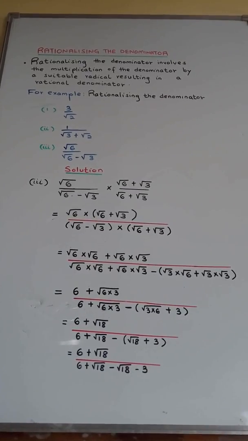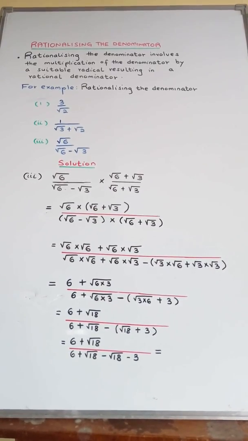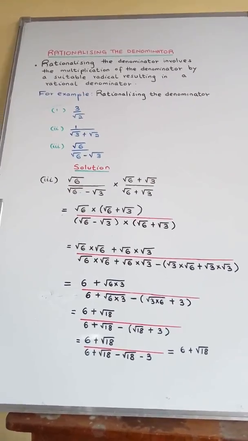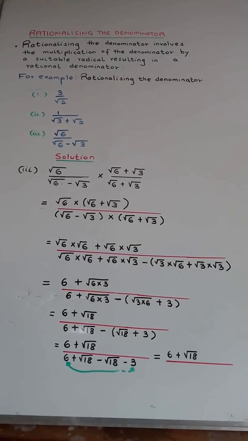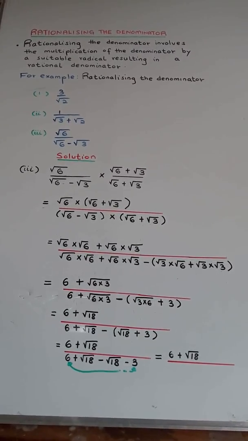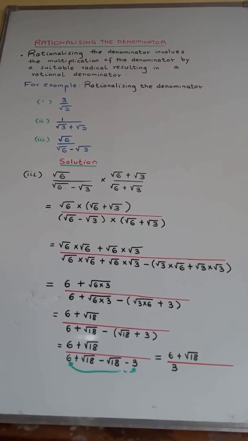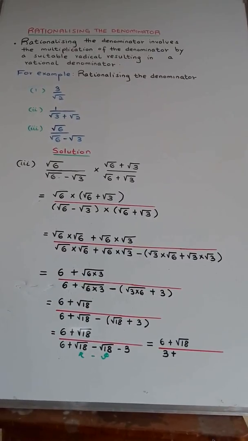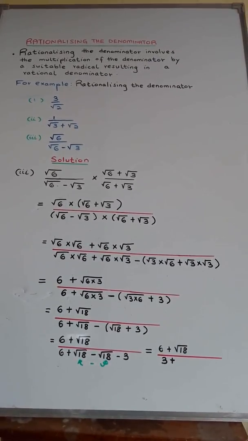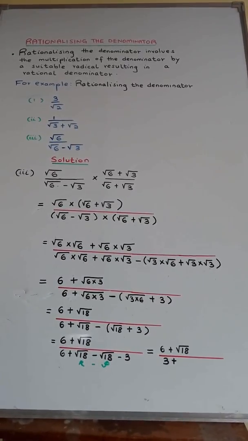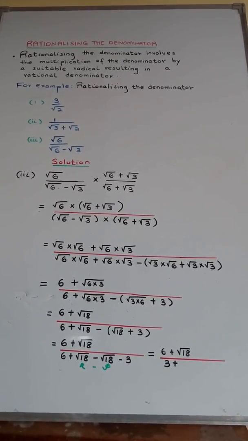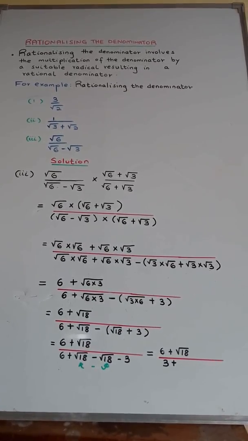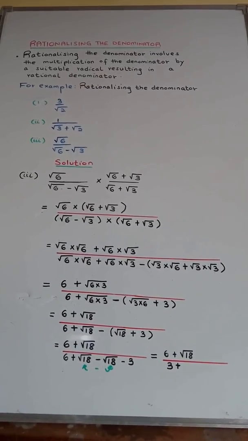If we open the brackets, it is equal to 6 plus radical 18 over 6 minus 3, plus radical 18 minus radical 18, which is radical 18 minus radical 18 is equal to 0.